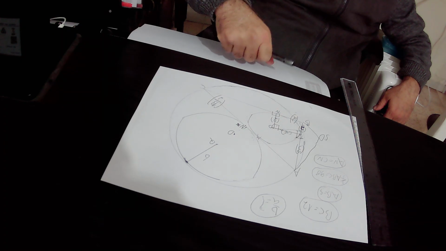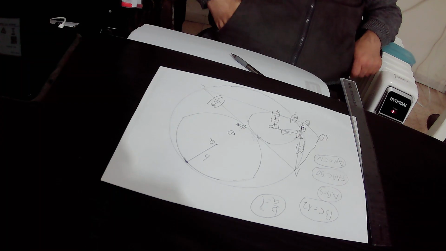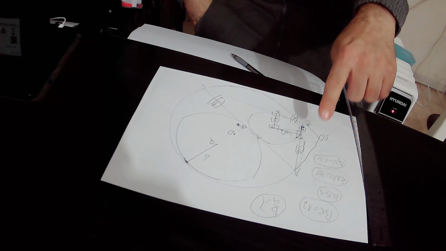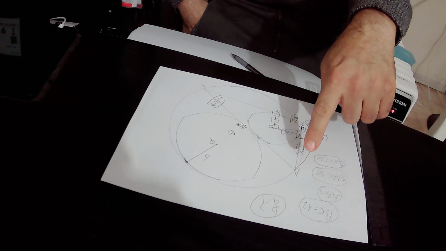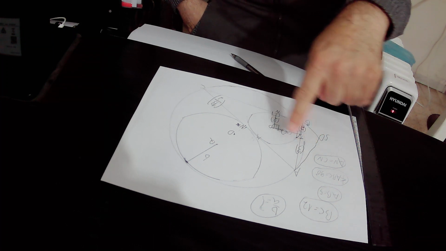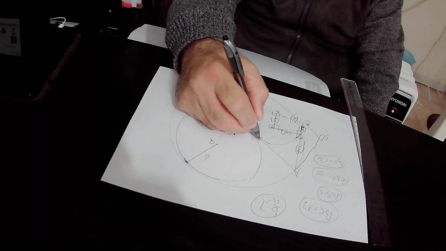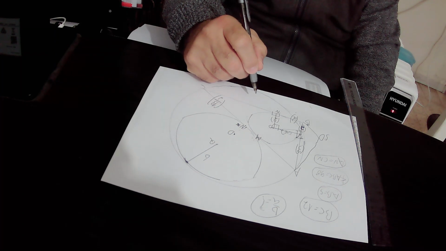Then we have rule number 2. According to rule number 2, the lengths of 2 tangents from a common external point to a circle are equal. We have the common external point, point A. From point A, we have 2 tangents to the circle, tangent AT and tangent AM. According to rule number 2, they must be equal to each other.